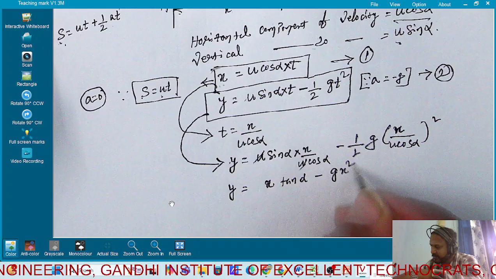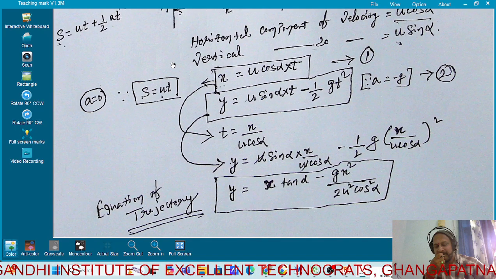So what is the equation again? y is equal to x tan alpha minus gx square by 2u square cos square alpha. Understood? Clear?